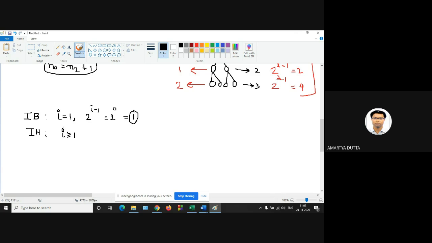Now we assume that the maximum number of nodes at level I minus 1 is 2 to the power I minus 2. It is our assumption. Okay. Now the induction step.